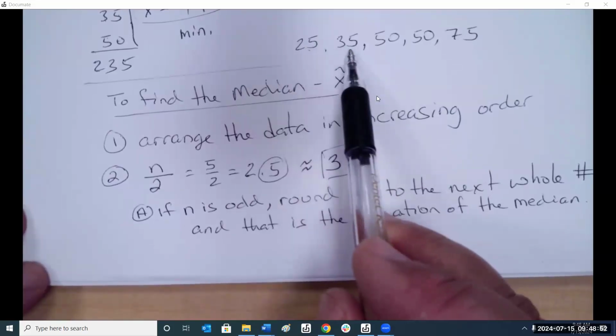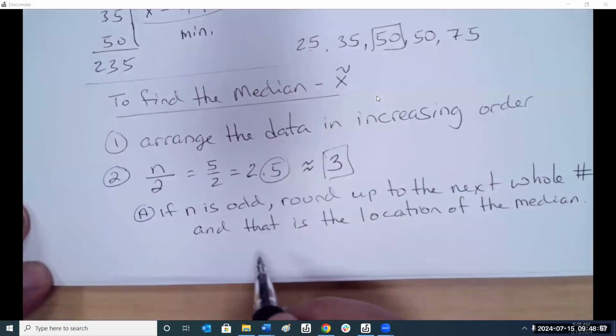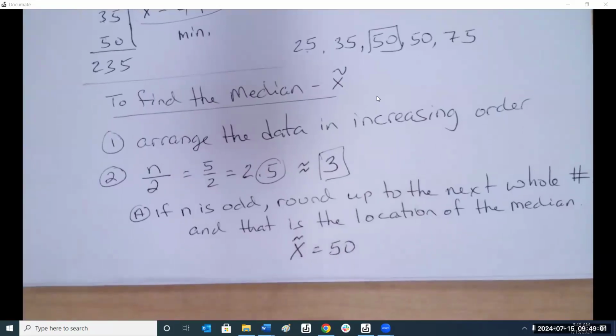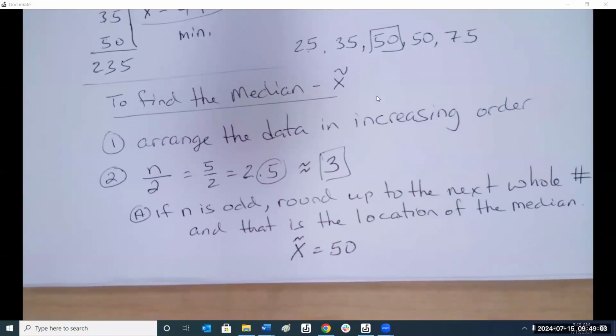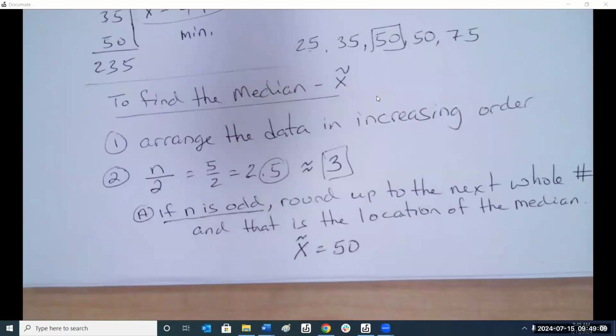It's 25, 35. The third number is 50. So our median here is 50. That's if your n is odd.